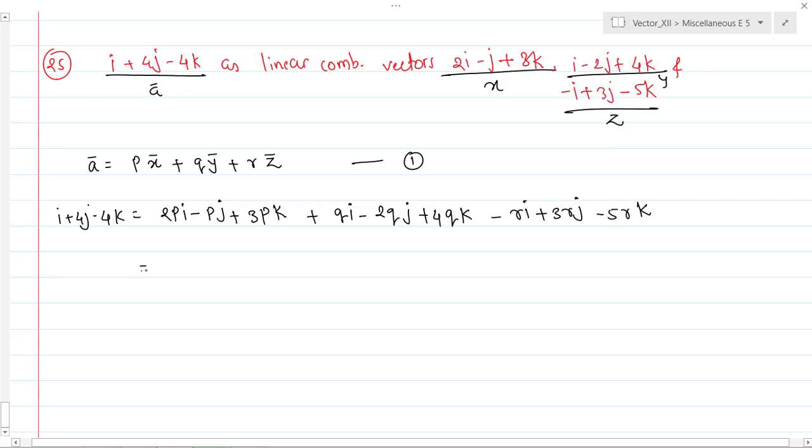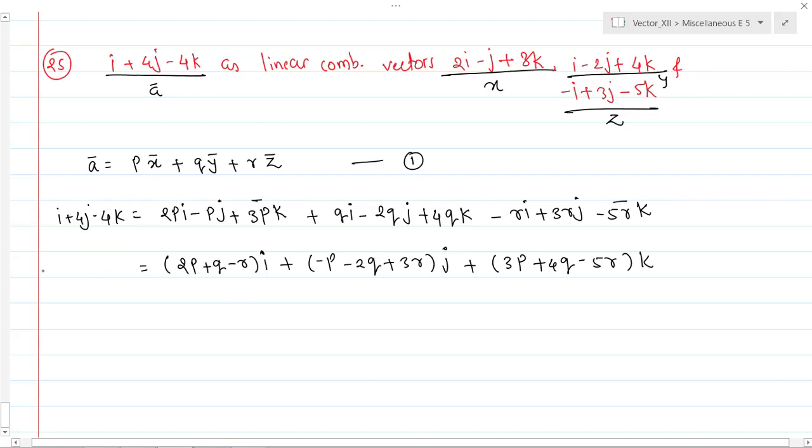Now let's collect the same coefficients: 2p plus q minus r i, plus minus p minus 2q plus 3r j, plus 3p plus 4q minus 5r k. Now equate with the LHS, which is i plus 4j minus 4k.